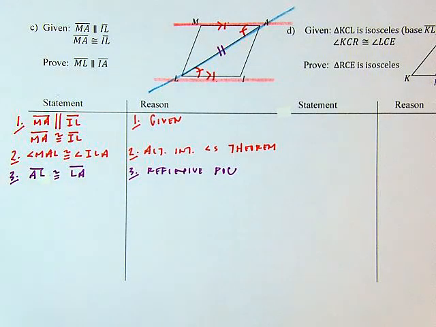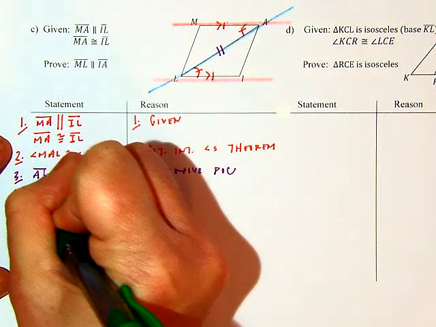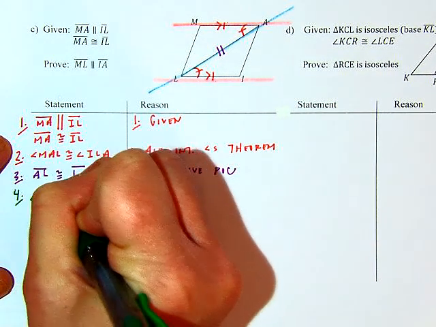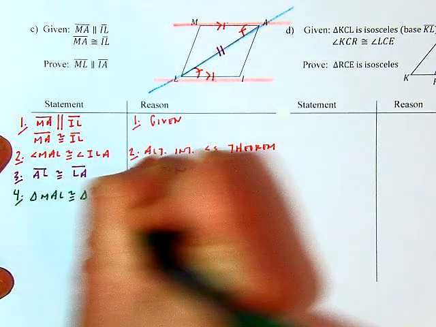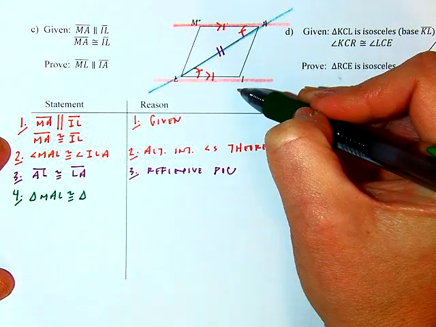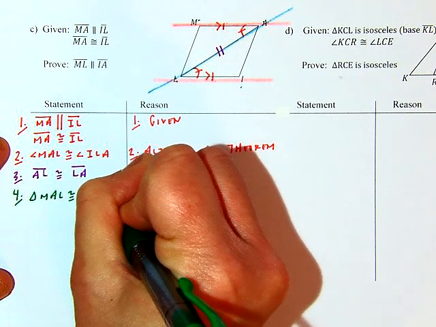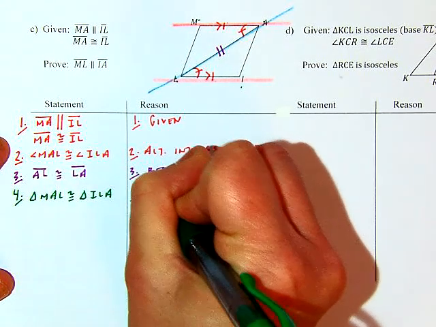Okay, so now that I'm here, I can see that my two triangles have to be congruent, right? I have side, angle, side as my combination. So here in step 4, I can say that triangle MAL is congruent to ILA. Side, angle, side.